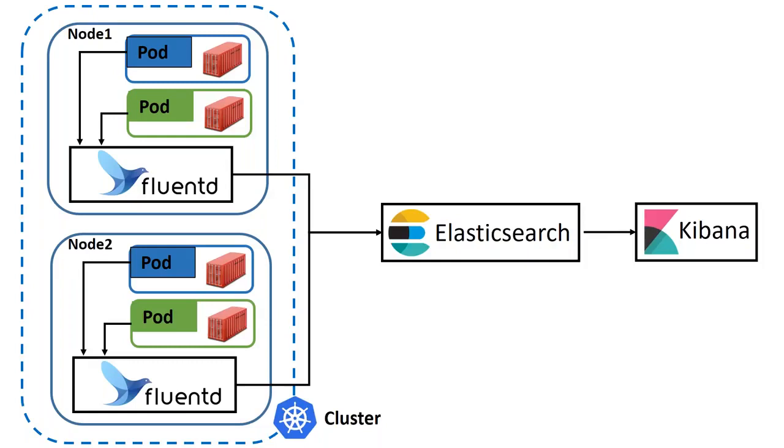Can more than one Fluentd be connected to Elasticsearch? We can connect. See, it's just an engine, a utility that reads the information and passes it to Elasticsearch. So Fluentd is not like a persistent connection; it just reads and shares the information to Elasticsearch for storing.